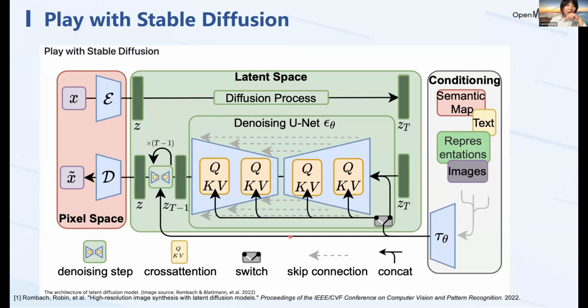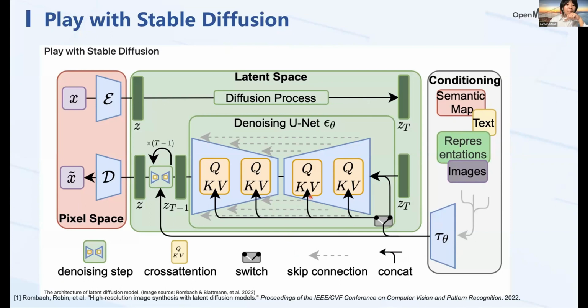And then Stable Diffusion uses classifier-free guidance to guide the sampling process, so that the final generated image will accord to the input text prompt.